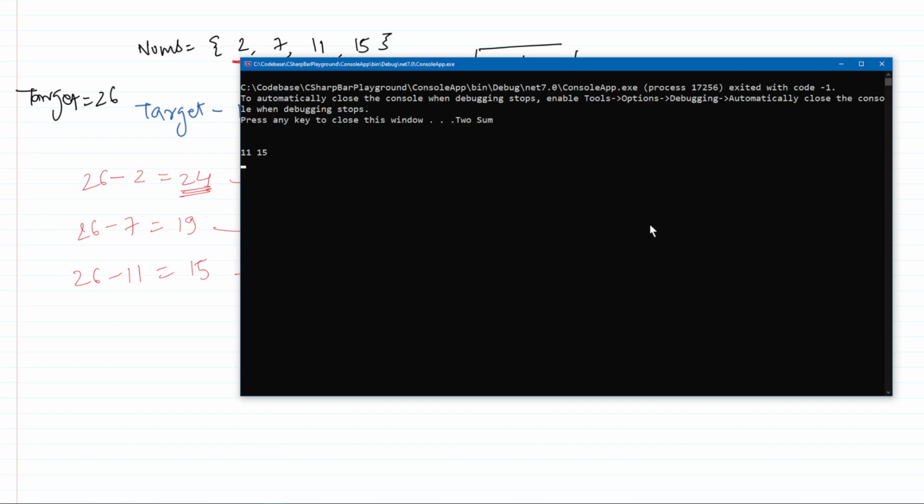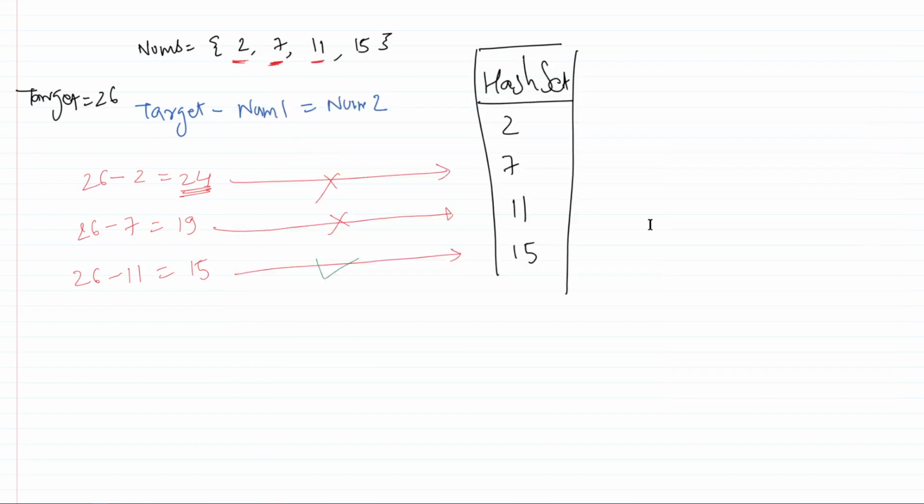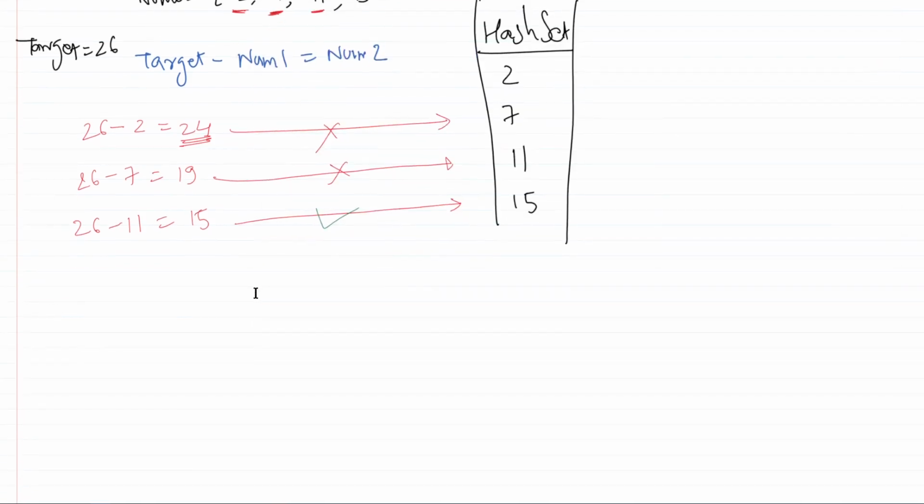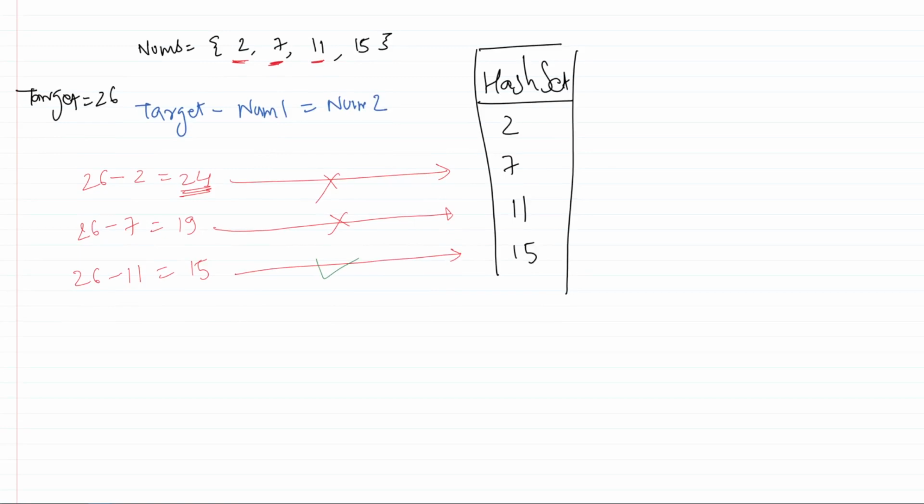Now, a slight modification to this problem is that you may not be asked to return the number itself, but instead their indices, which in our case will be 2 and 3 for 11 and 15.